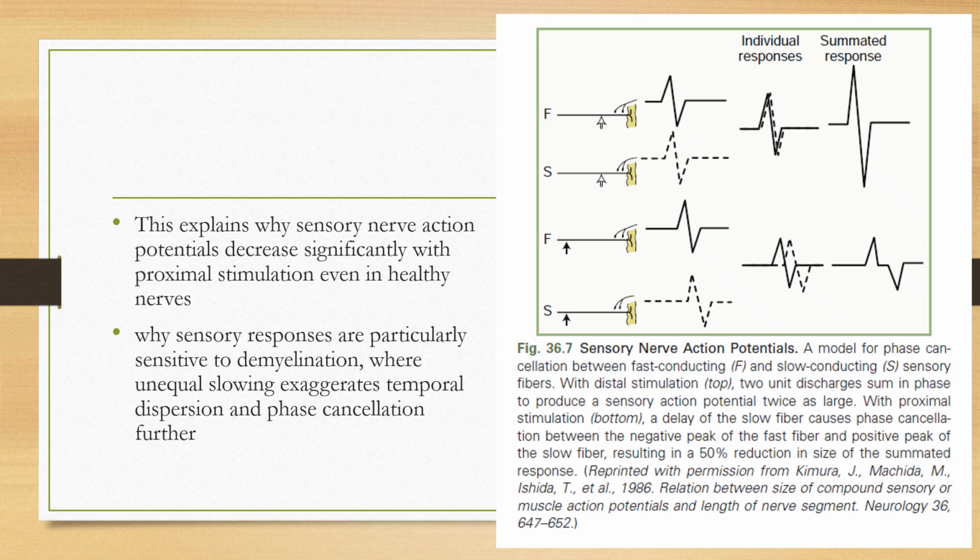This explains why sensory nerve action potentials decrease significantly with proximal stimulation even in healthy people, and also why sensory responses are particularly sensitive to demyelination, where unequal slowing exaggerates the temporal dispersion and phase cancellation further.